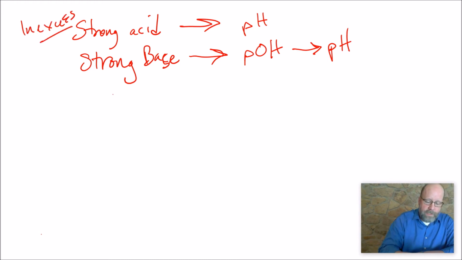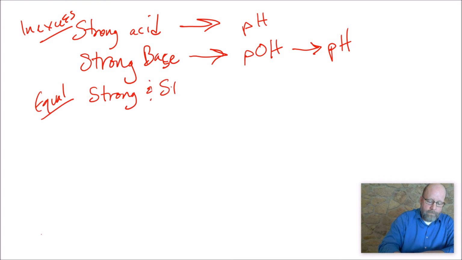So in excess, if it's a strong acid or a strong base, we've covered that. If they're equal, then if they're both strong, then it's 7. The pH is 7.